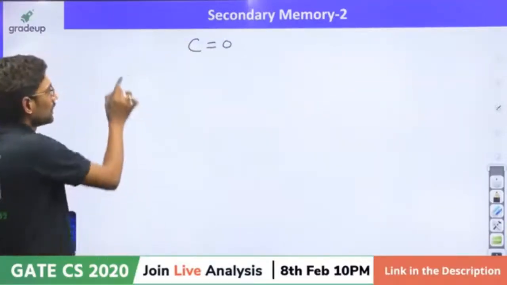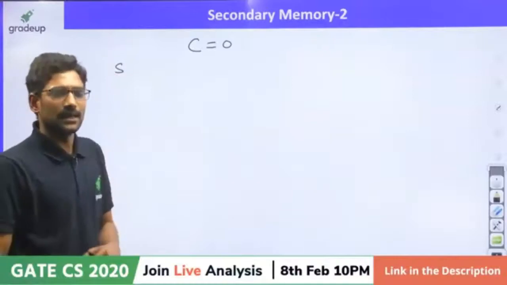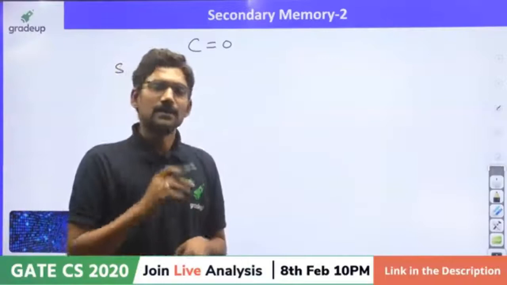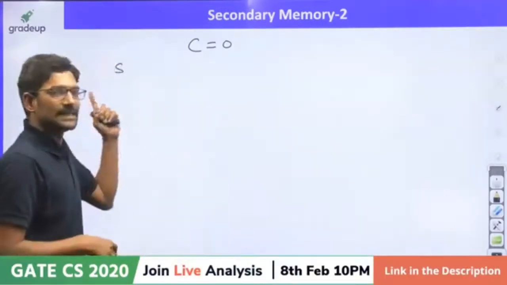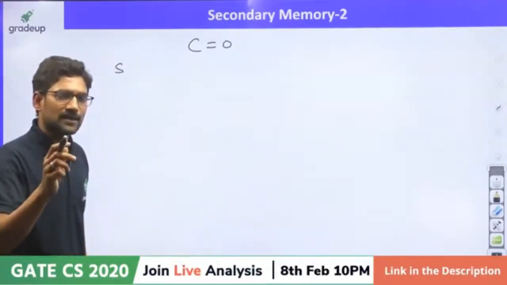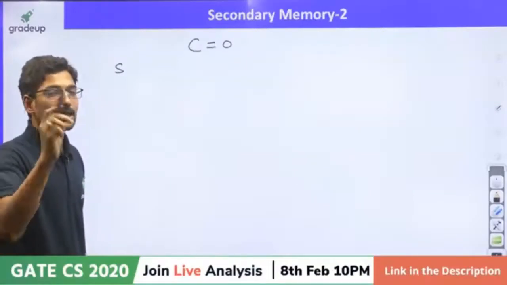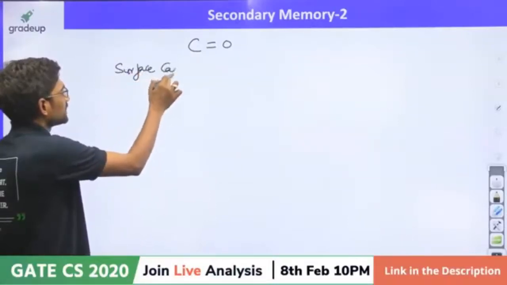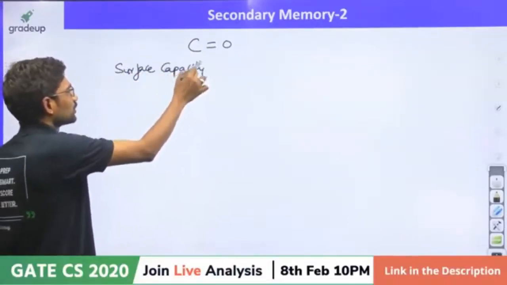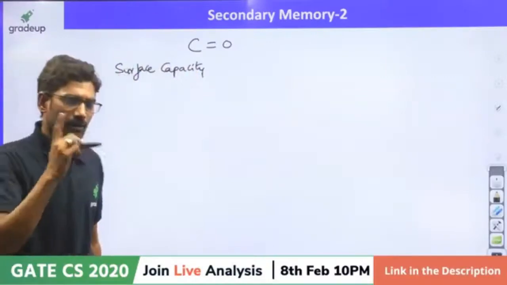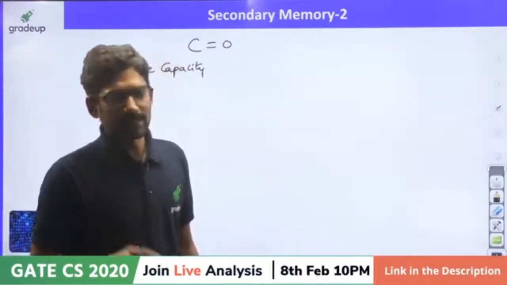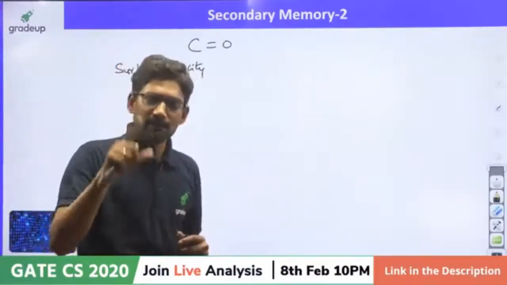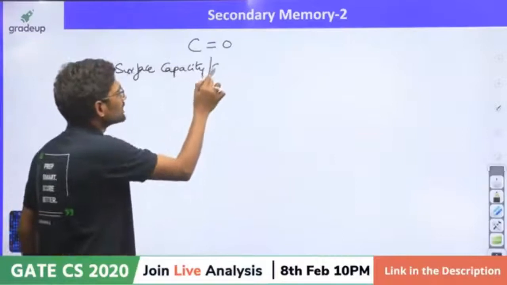Now, for calculating C, what we did? We calculated the capacity of a cylinder. Similarly, for calculating H, what you are supposed to calculate first? The capacity of a surface. Here you should not get confused. Surface capacity does not mean complete surface capacity; it means surface capacity per cylinder.